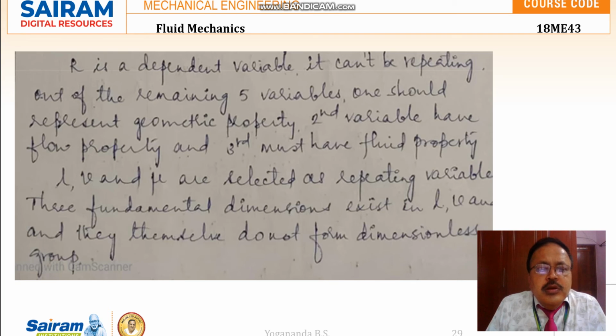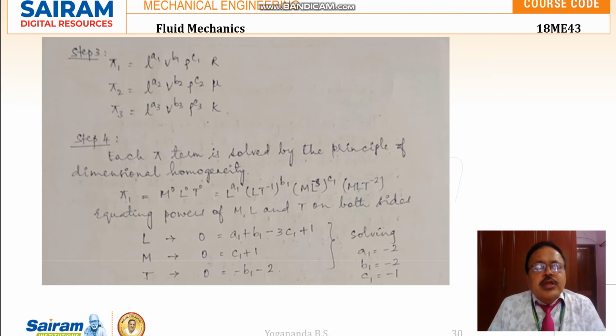And mu, viscosity, is the fluid property. The three fundamental dimensions will exist in L, V and mu, and they themselves do not form a dimensionless group. Now let us see how to write the pi terms.